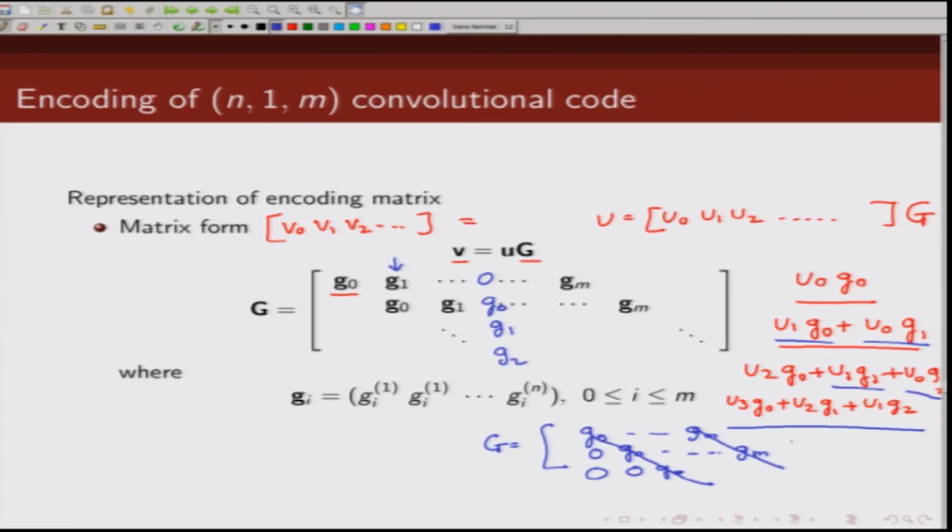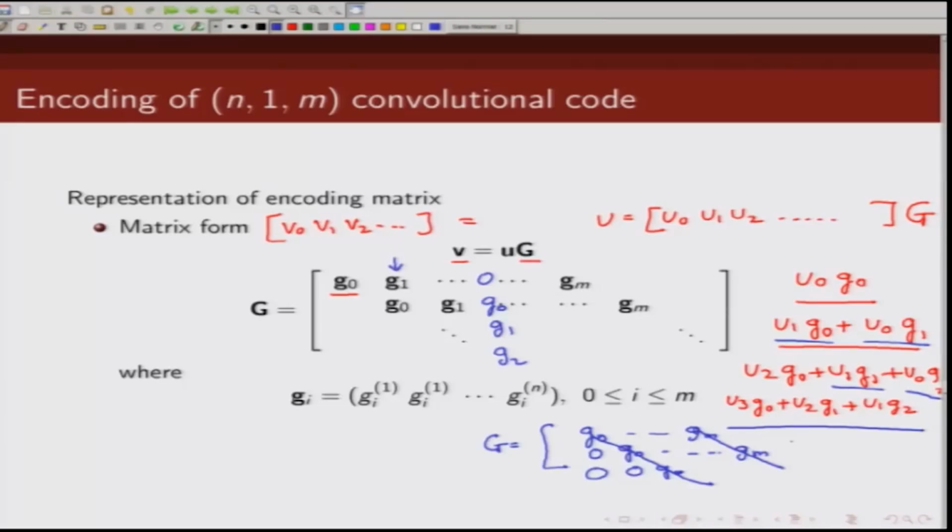Through this example for a memory 2 code, we showed that G is of the form like this, where each of these G0s represents the n-bit output.